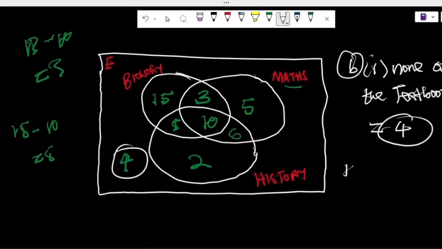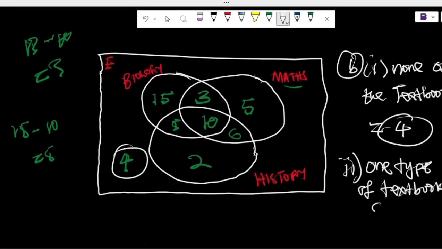Then the second question is, how many students collected one type of textbook only? So according to the information, you only have 15 and 5 and 2.